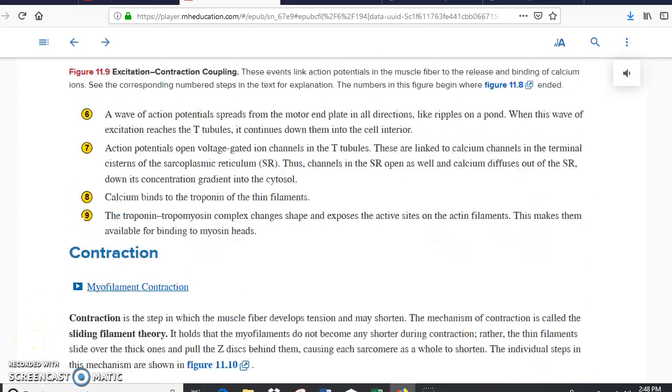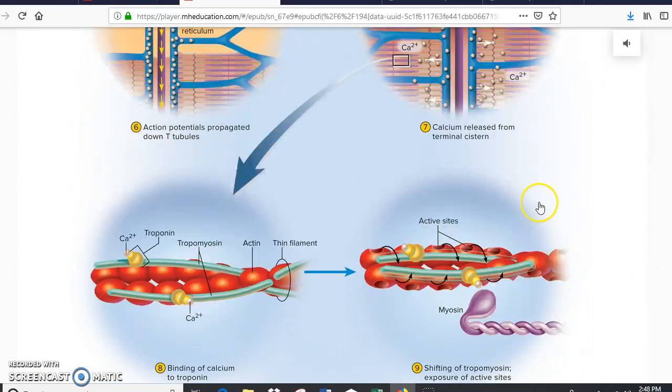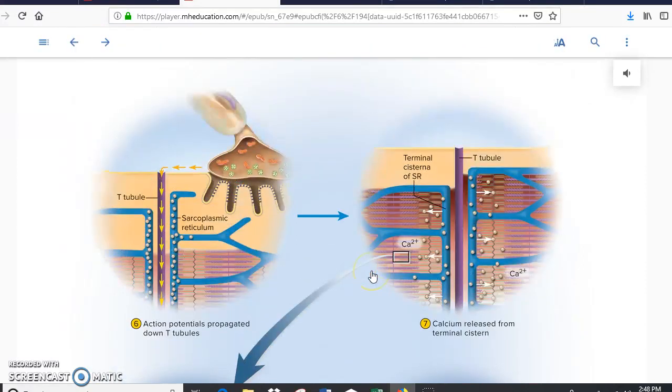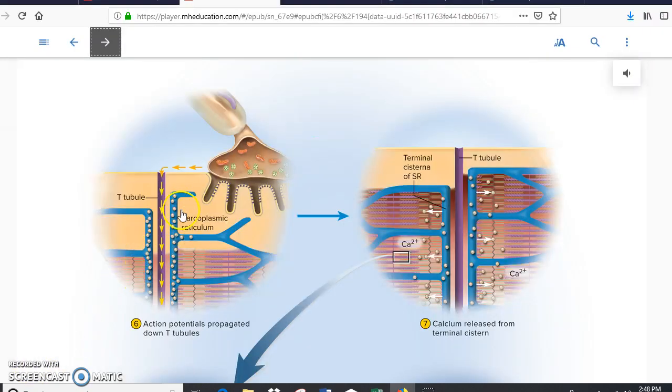So if we scroll back up for 1 second, we can see that the key for all this is that we have to release calcium from the sarcoplasmic reticulum, from the blue container, in order to attach to troponin, and that initiates the entire mechanism to contract the muscle. However, what we have seen before, the depolarization and repolarization and the action potential, is what needs to happen from here all the way down here.